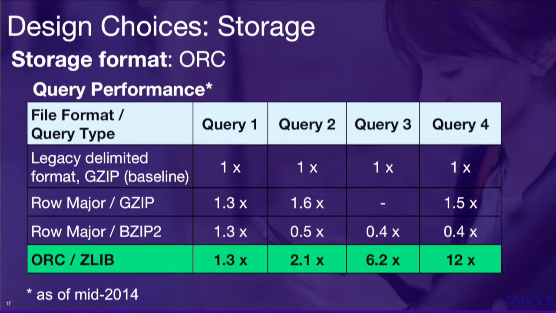And in this particular table, you see that ORC with zlib, that combo performed excellent. Compared to bzip2, I think the performance was like 25x. So overall, ORC provided a nice balance between space and speed. So we decided to stick with ORC and zlib for our long-term storage.